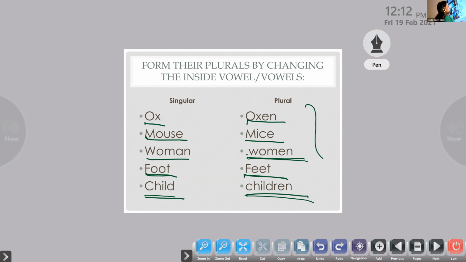Please learn these words thoroughly. What is the plural form for ox? Oxen. Mouse? Mice. Woman, women. Foot, feet. Child, children.